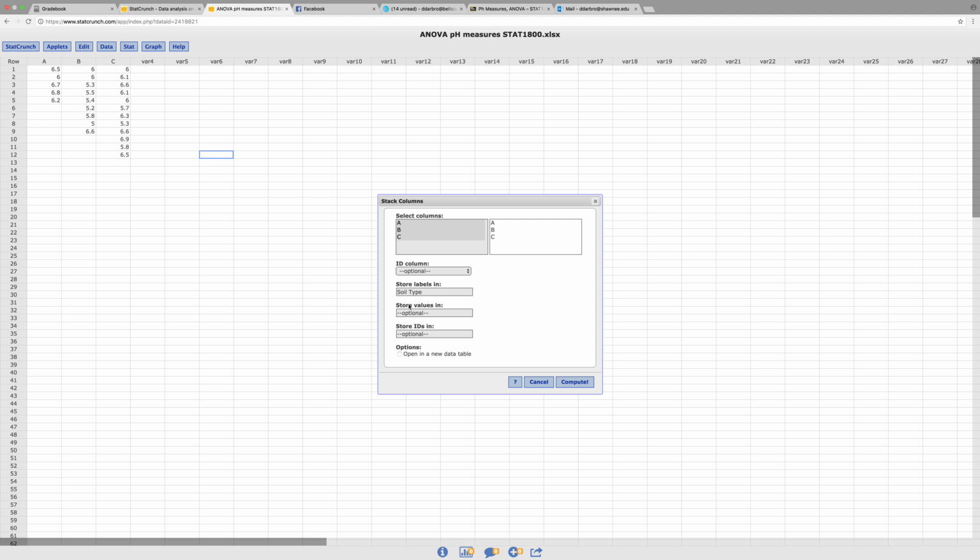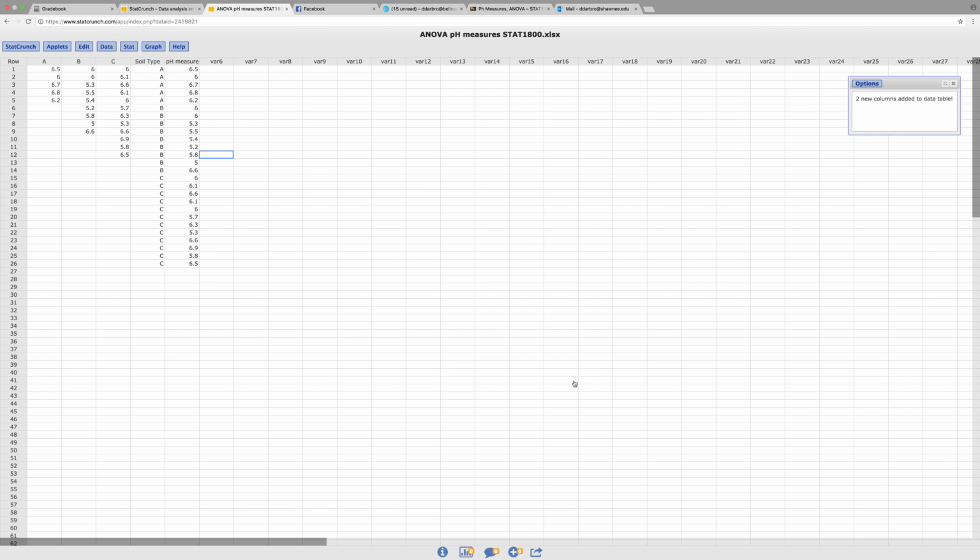As I promise, I can spell, I just can't. And I want to call these pH measures. So I'm going to compute. And you can see now that I have my measures, and I have two variables, soil type and pH measures, and when I read left to right, I get information relative to one measurement.